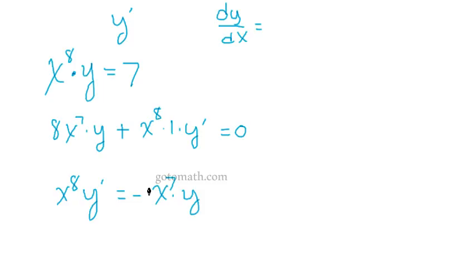Then we'd multiply both sides by 1 over x to the 8th. So we end up with negative 8x to the 7th y.